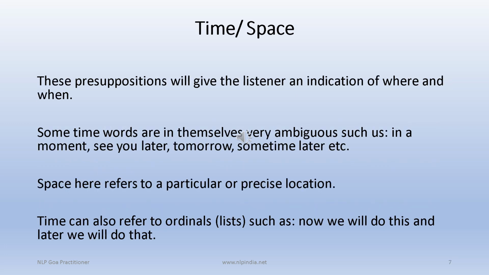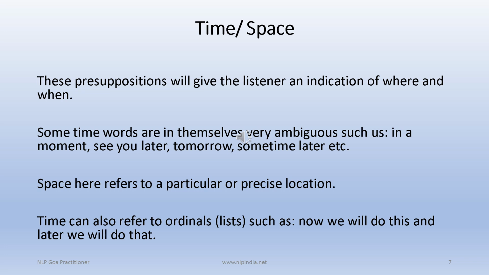Now let's look at the presuppositions of time and space. Now these presuppositions will give the listener an indication of where and when. And I have to tell you that these are presuppositions that are often misunderstood. Some time words are in themselves very ambiguous, such as in a moment, see you later, tomorrow, sometime later, and other similar words.